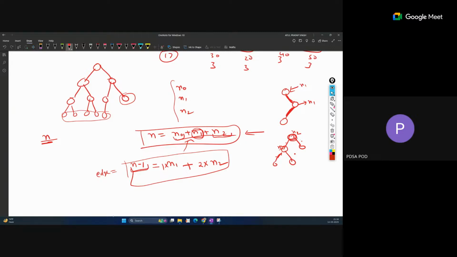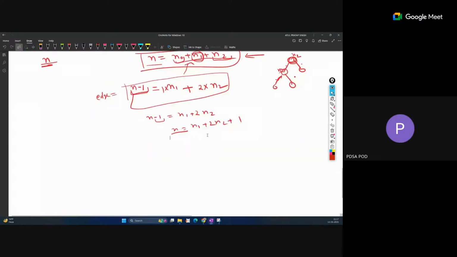So two equations we got. So n minus 1 equals n1 plus 2 n2. Now we can just move this minus 1 here. So n equals n1 plus 2 n2 plus 1. Now this is also n, this is also n, so we can make both equivalent.